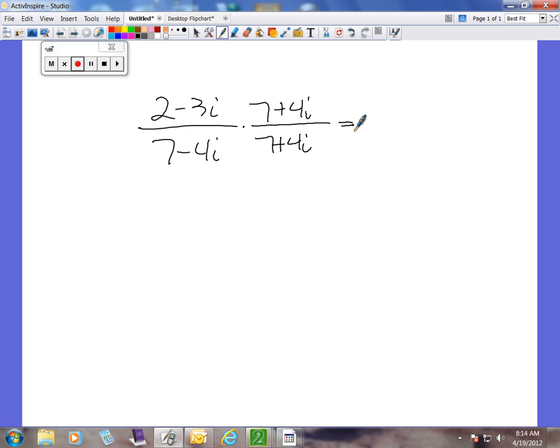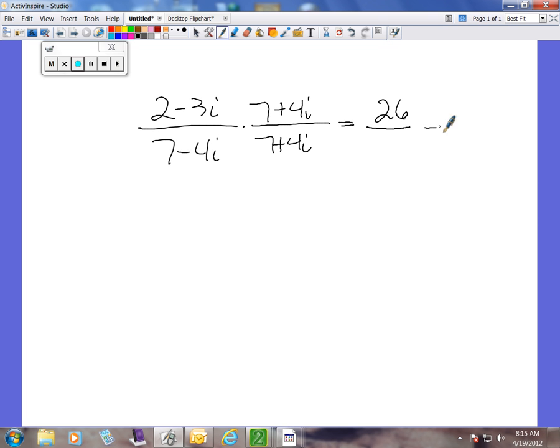So do you get 26 on top for the real part? How many got 26? And then I'm going to rewrite this in a second. Well, let's just go ahead and do it this way. We'll do the bottom in a second. And then for your i, or your imaginary term, you got negative 21 and a positive 8, don't we? So it'll be negative 13.